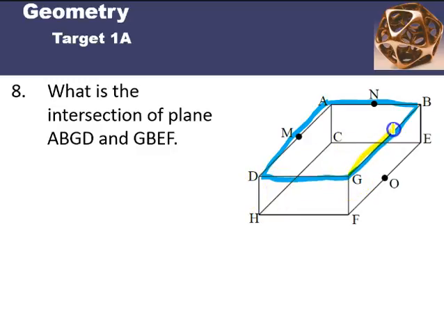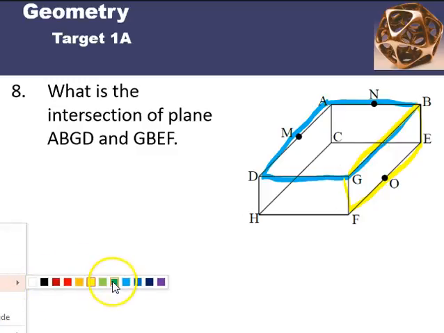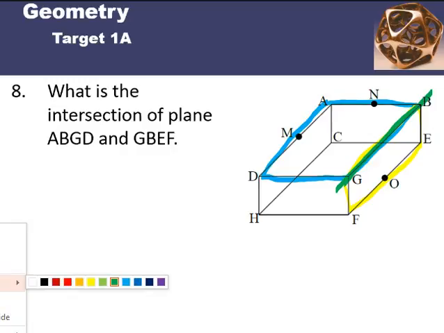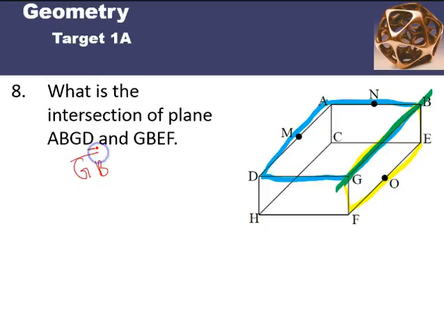So here's GBEF. So where do the blue plane and the yellow plane meet? And yeah, they meet right here. They meet here at this line right here. That line is GB. So the answer to that is GB. And the shape of it is a line, so it would be line GB.